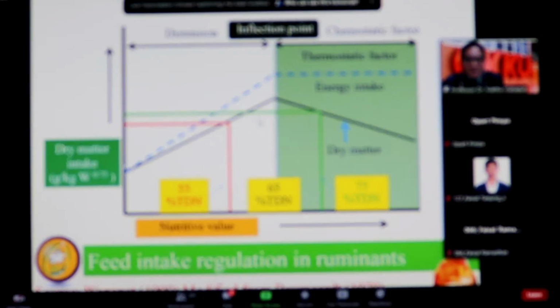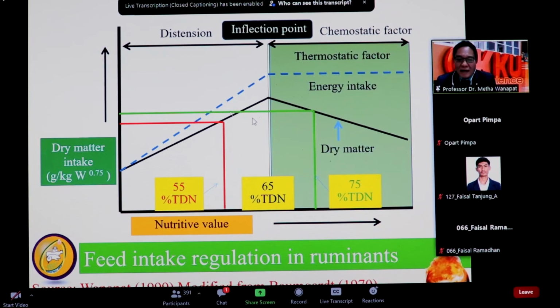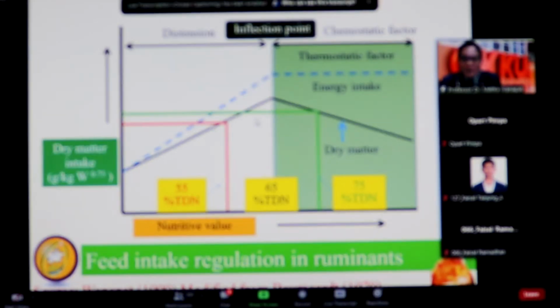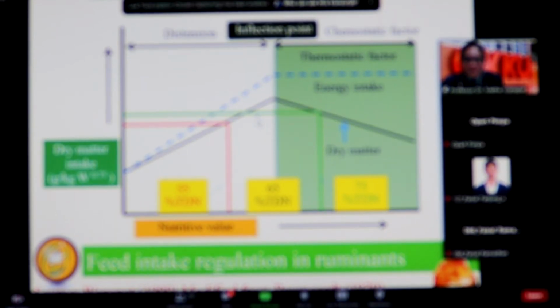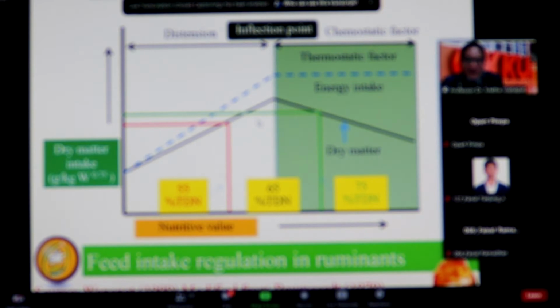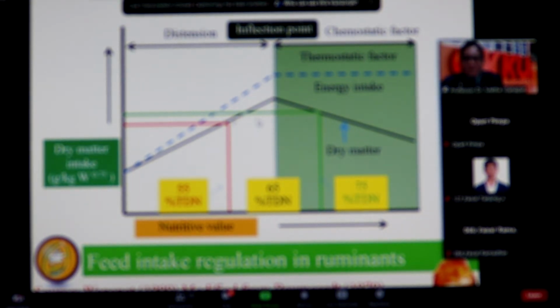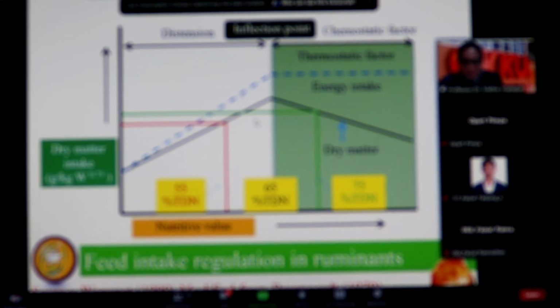The quality of the feeds has been very low, right? The quality of particularly the crop residues like rice straw or sugarcane tops and so on has been very low, even lower than 50% TDN. Okay, if lower than 55 or 50, the rumen will be filled already. The animal cannot eat more, and the uptake of nutrients would be very low already.